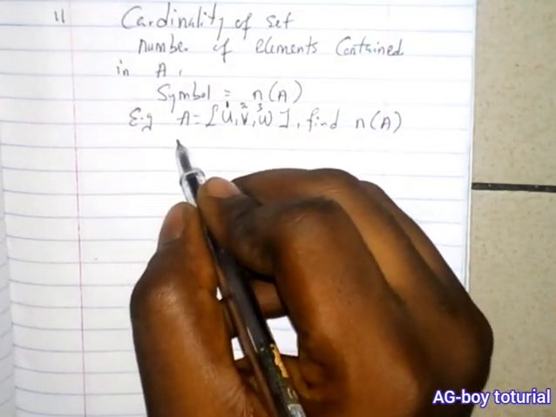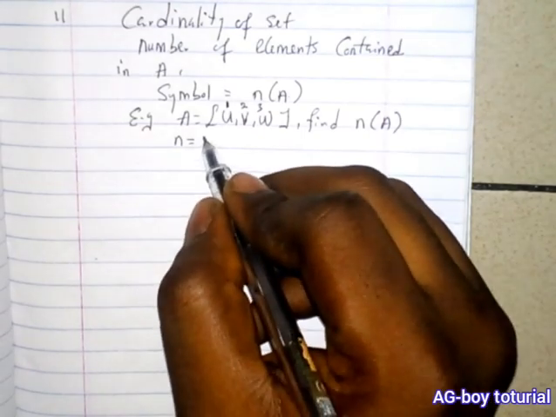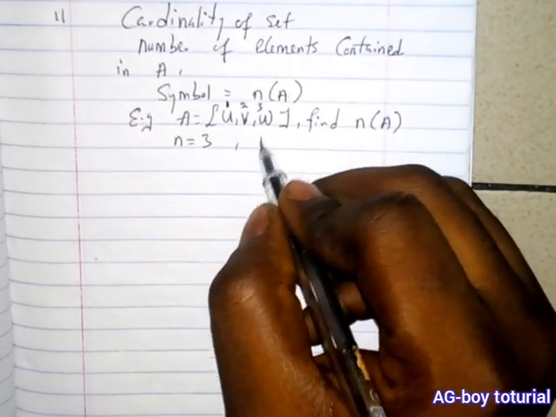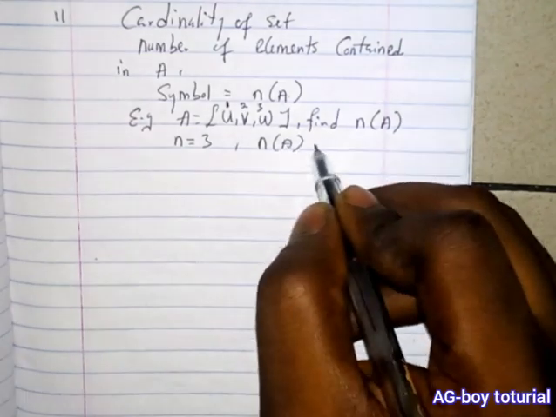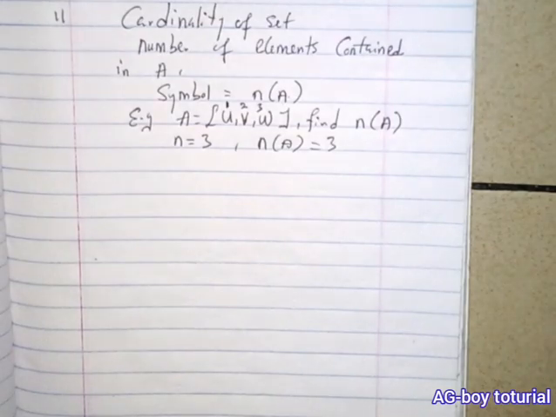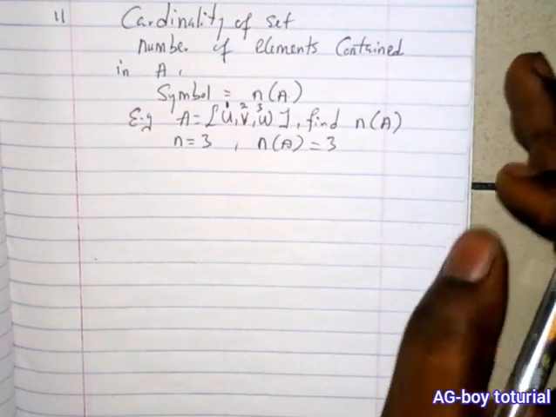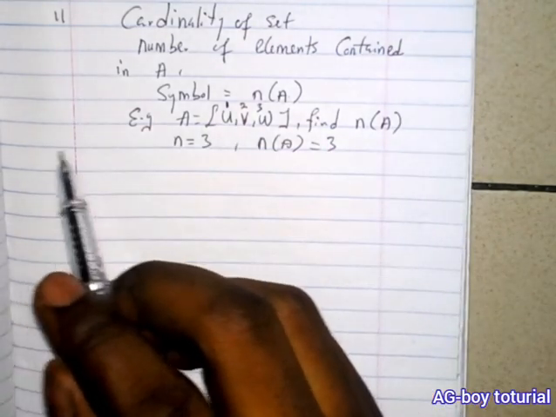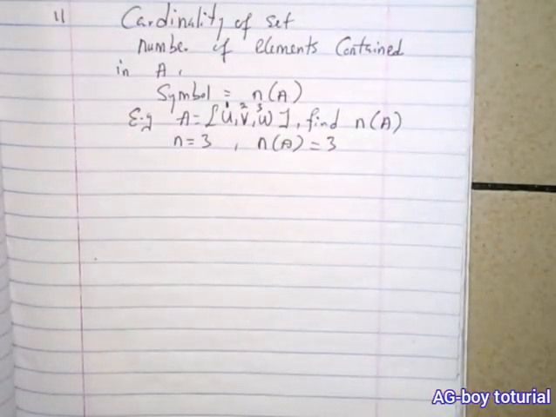Therefore, N is equal to what? 3. N of A is equal to 3. So we have 3 cardinalities for N of A. Now, our next one we are going into is the basic operation of sets.